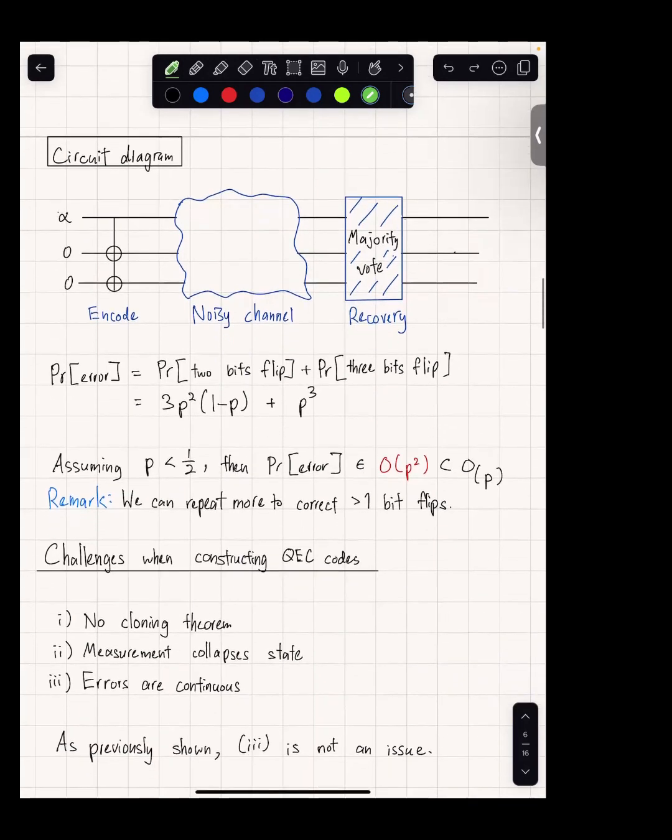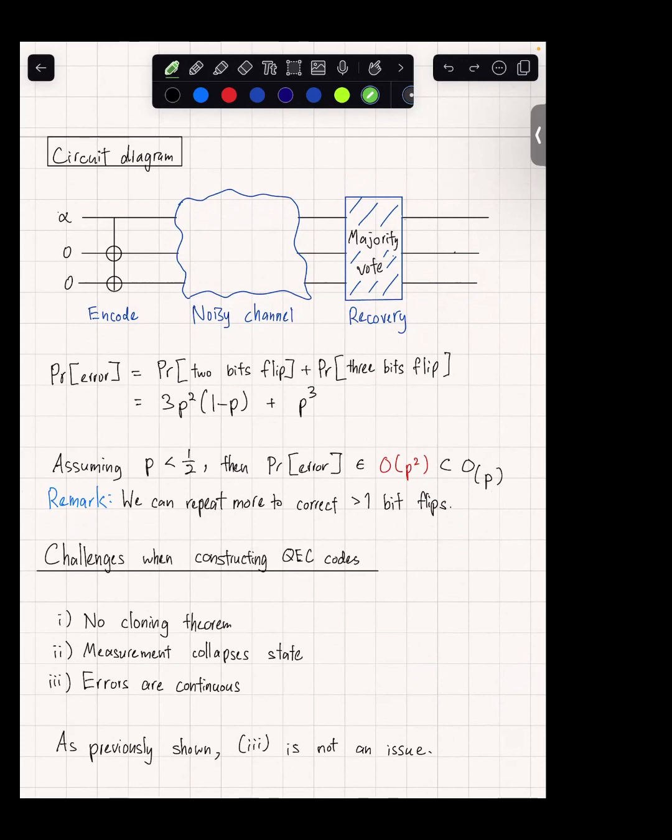Then, following this circuit diagram, we would send all 3 bits through the noisy channel and receive some 3 bits at the end of the noisy channel here. There are a few different cases that can happen. We could have 0 bits flipped, 1 bit flip, 2 bits flip, or 3 bits flip.